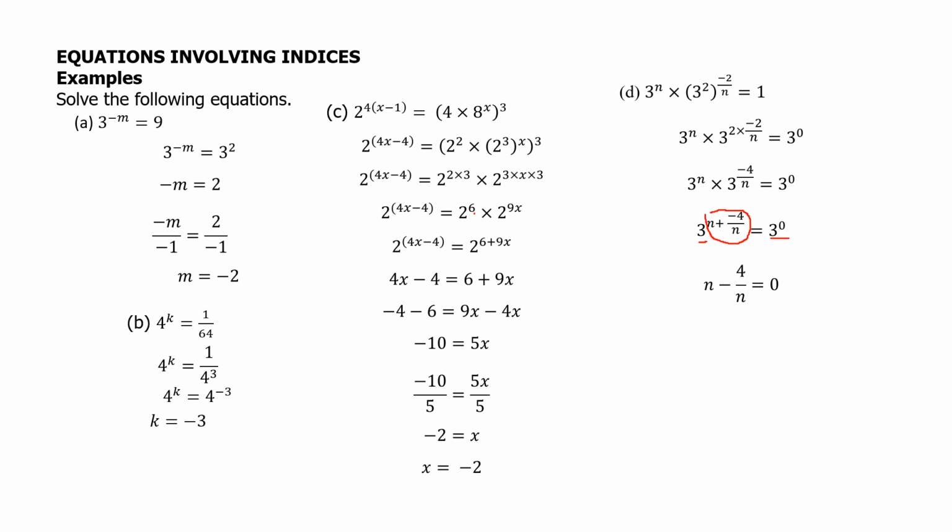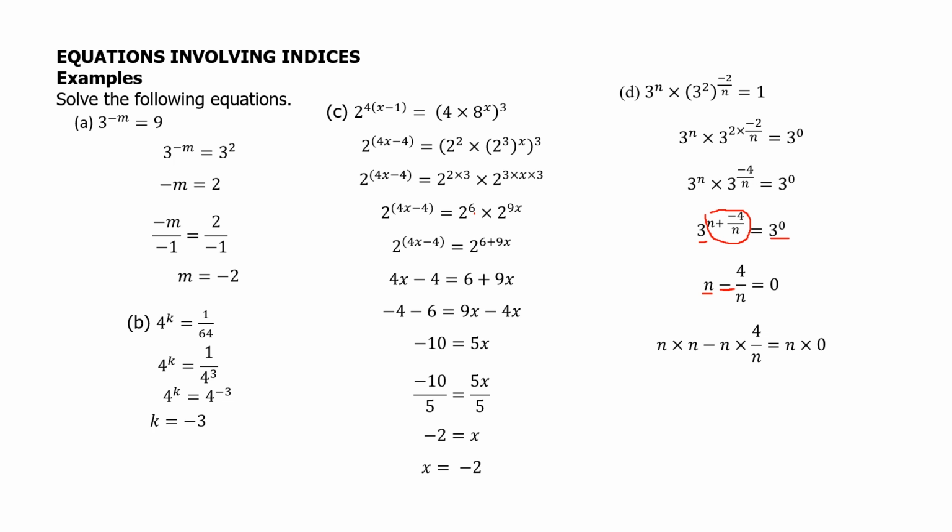So the plus and the minus gives us a minus. Now we are going to simplify, or we multiply through by the LCM of the denominator.